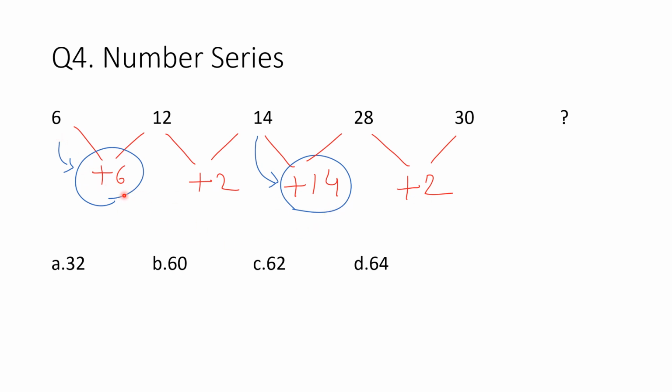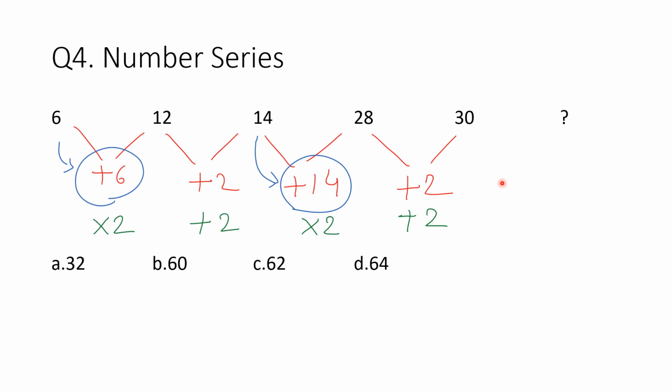So if you see that यहाँ plus 2 है, लेकिन यहाँ पे it is the number added to itself. So it may be into 2 plus 2, into 2 plus 2. That means 6 into 2 is 12 plus 2 is 14, into 2 is 28, plus 2 is 30.